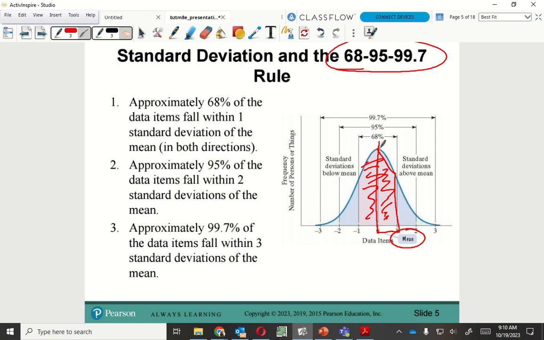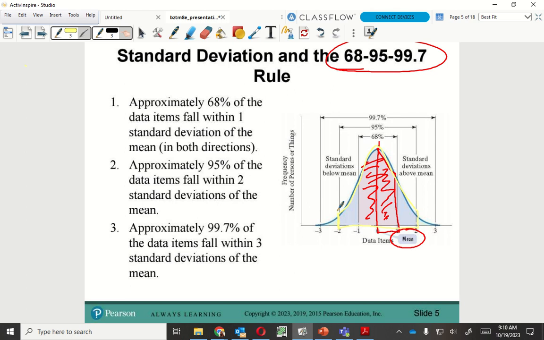So approximately 95% of the data items fall within 2 standard deviations. So from here, all that is going to be 2 standard deviations. That means 95% of all data points are going to fall within that.